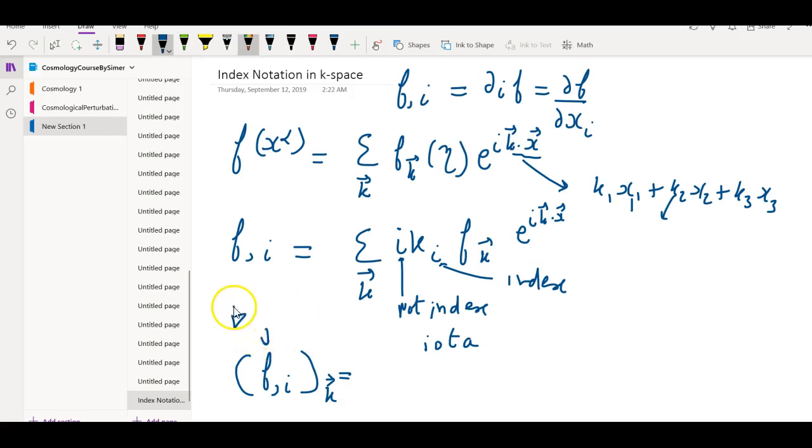Basically, this is del f, a vector. So I am expressing del f in the Fourier space, in K space, using index notation. So how is del f written in K space using index notation?